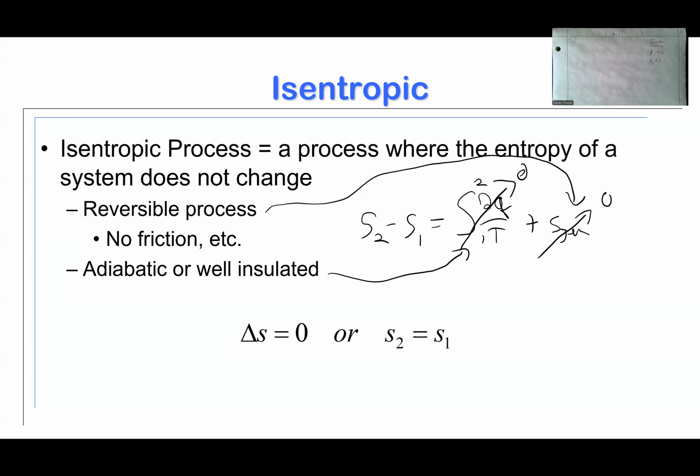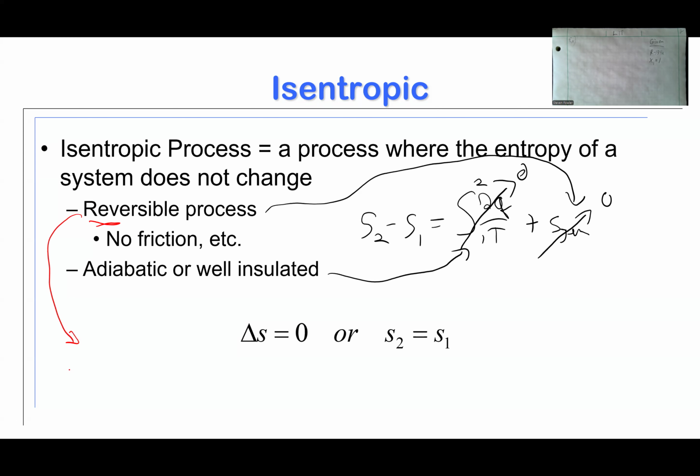So if we look back at our notes from lecture 17 here, I said that if I've got a reversible process, in a reversible process, that means this S gen is equal to 0. But what does that mean? How do we know that?